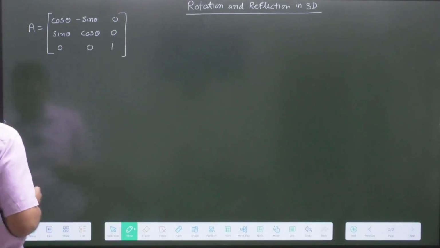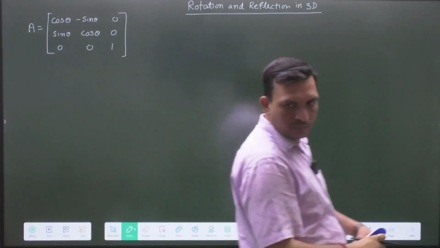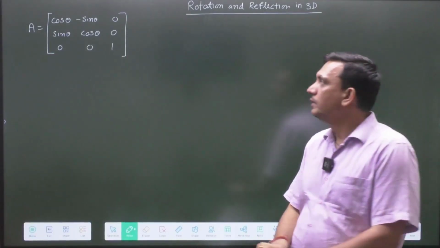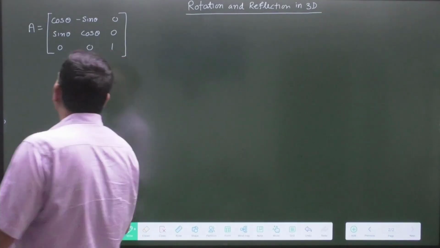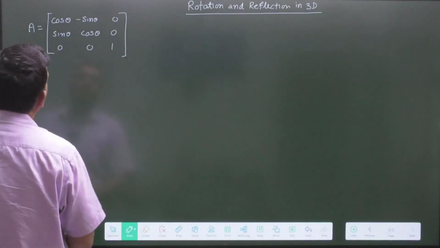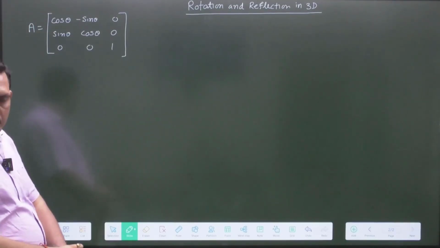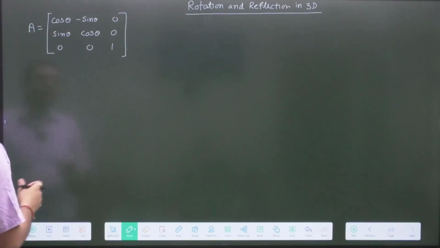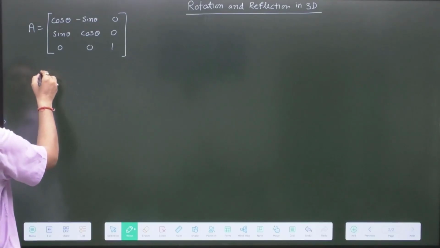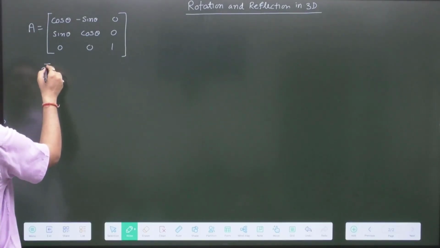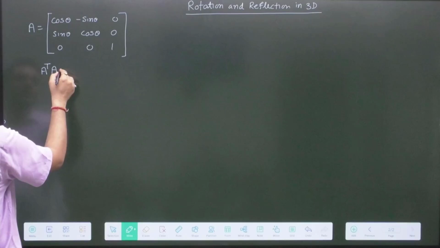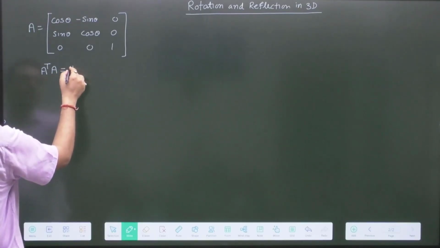This is the matrix. Active transformation. We will verify it. So it's an orthogonal matrix. You have to check that A transpose A is the identity matrix. That you have to verify.